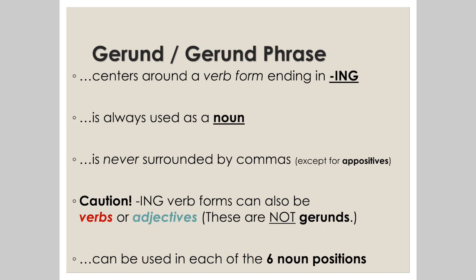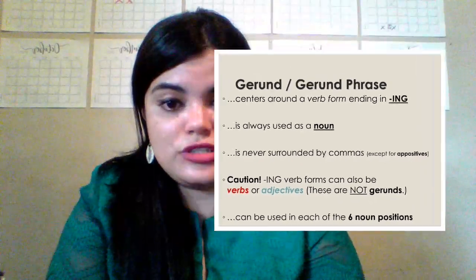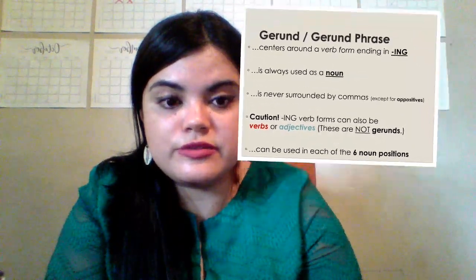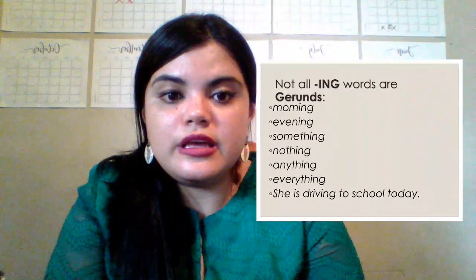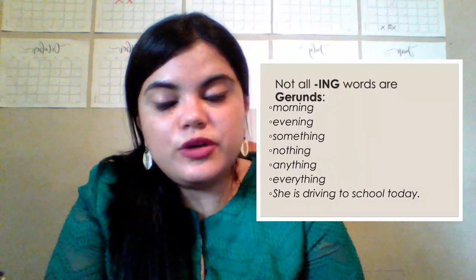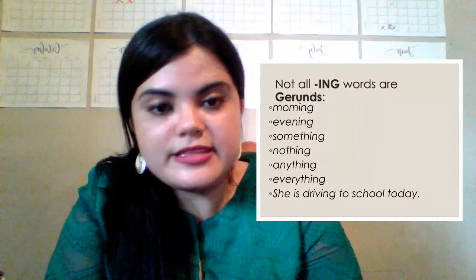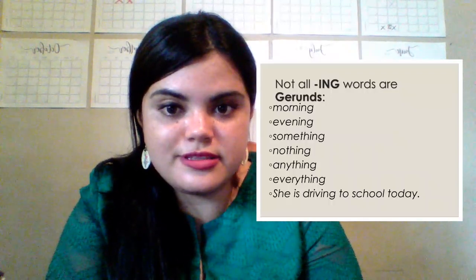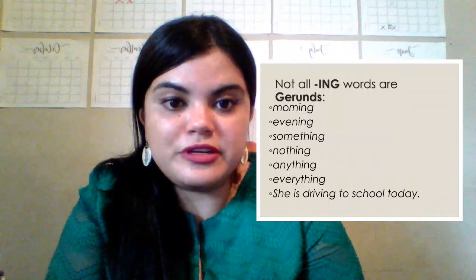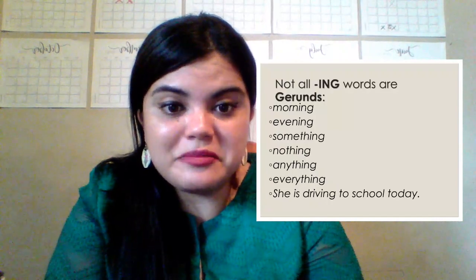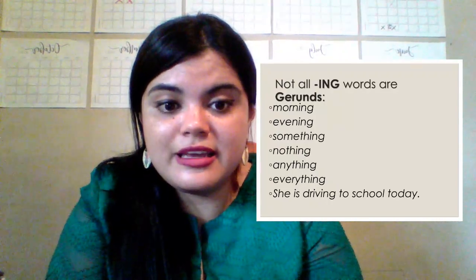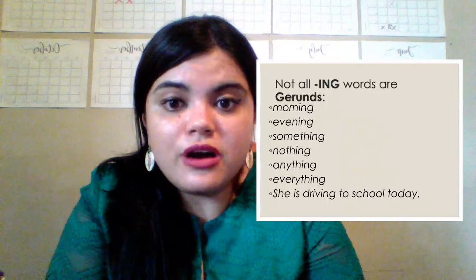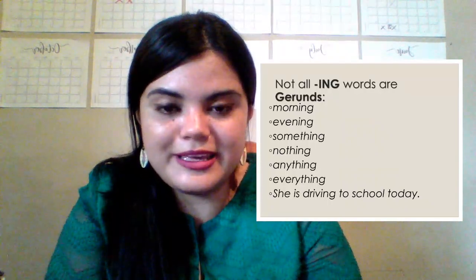And we have 6 noun positions, and I want you to see this right now. So we understand that not every word that ends in ing is a gerund. For instance, morning, evening, something, nothing, anything, everything are not gerunds, okay? And we'll see why.